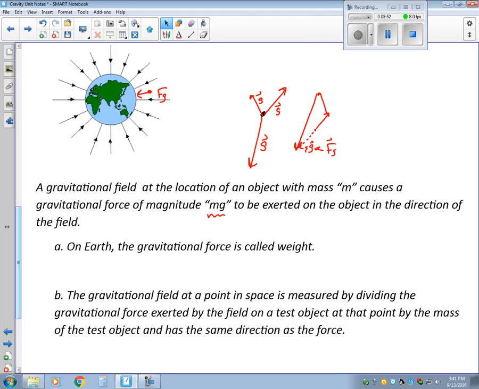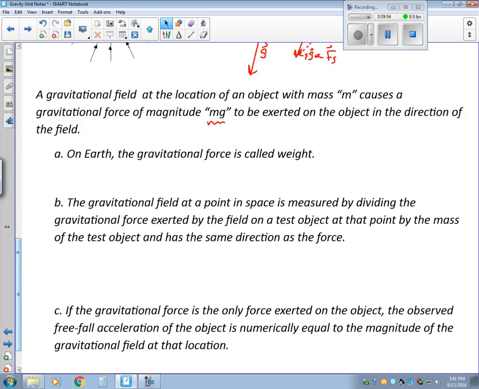All right, so on Earth, gravitational force is called the weight. So the gravitational force is equal to how much something weighs, which equals mass times the gravitational field. So the gravitational field at a point in space, we measure it by dividing the gravitational force exerted by the field on an object by its mass.